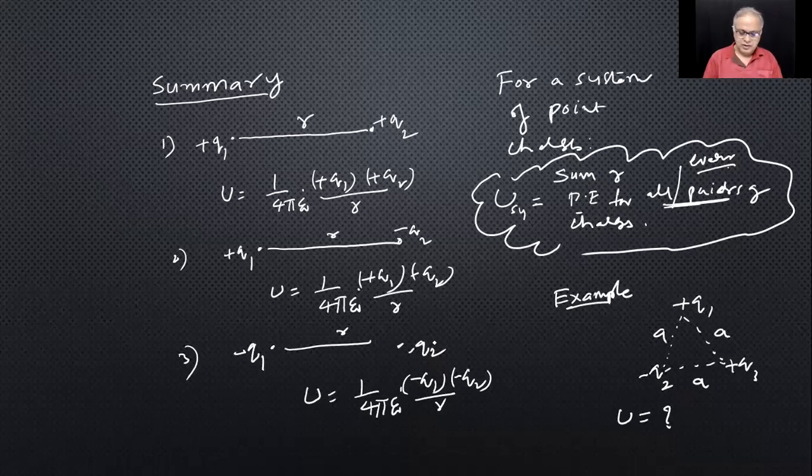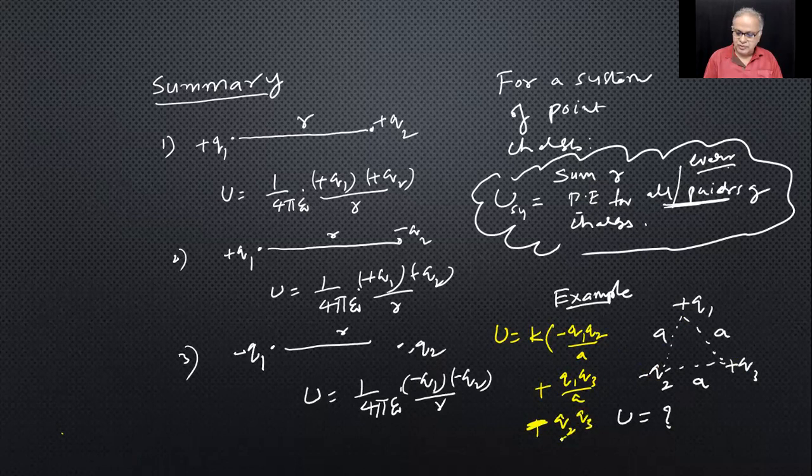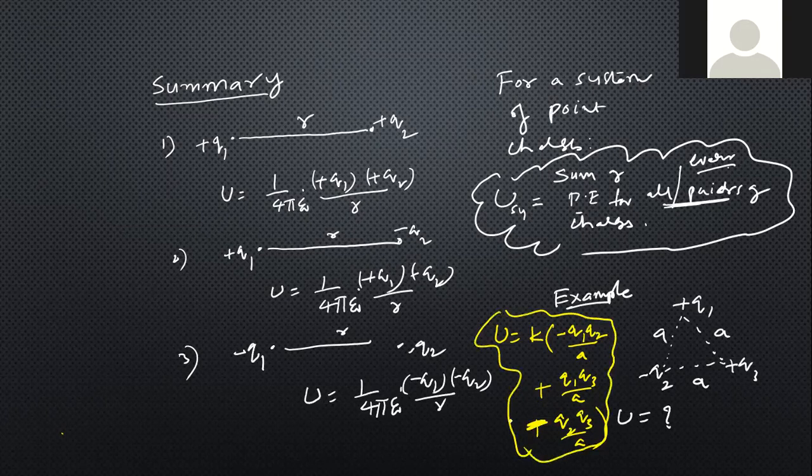You will write it as U equals K times brackets, plus Q1 minus Q2 by A, so minus Q1 Q2 by A, plus Q1 Q3 by A, plus minus Q2 plus Q3 by A, so minus Q2 Q3 by A. So this will be simply the potential energy of the system of charges. Is it okay?